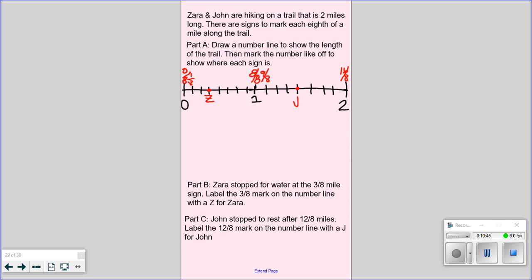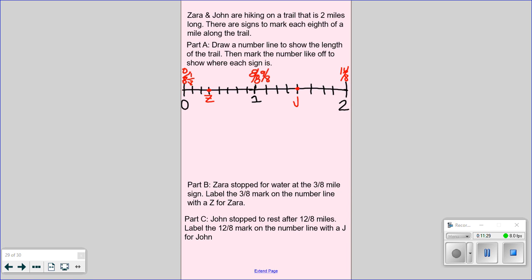They both are close to the midway point, and John is closer to the midway point, and Zara is a little bit further away.